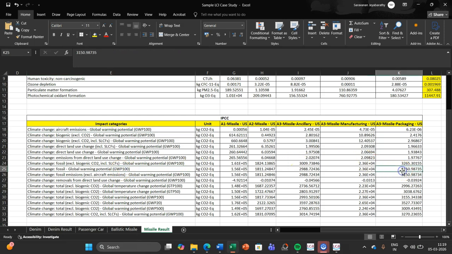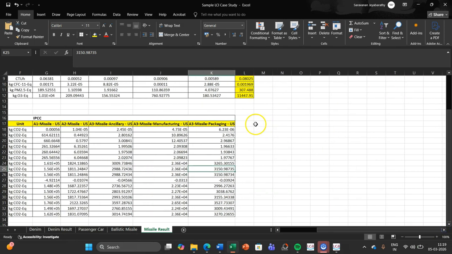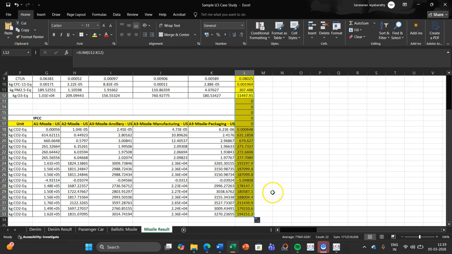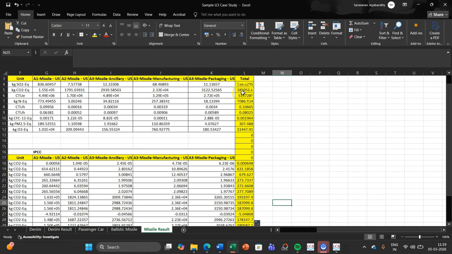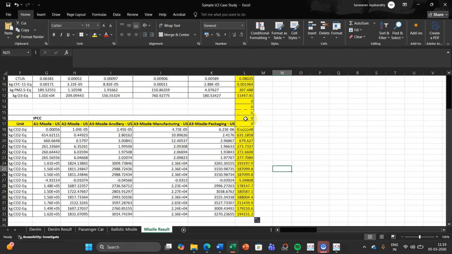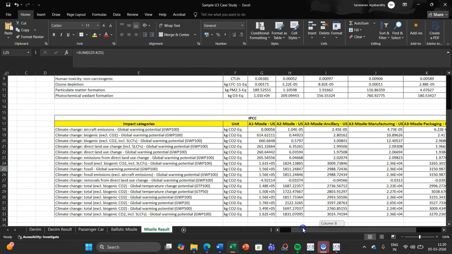This is specific. We have not yet totaled it. Let's just drag it. Here comes the number. Same, right? 1,85,000, so again 1,87,000 for the fossil, right?